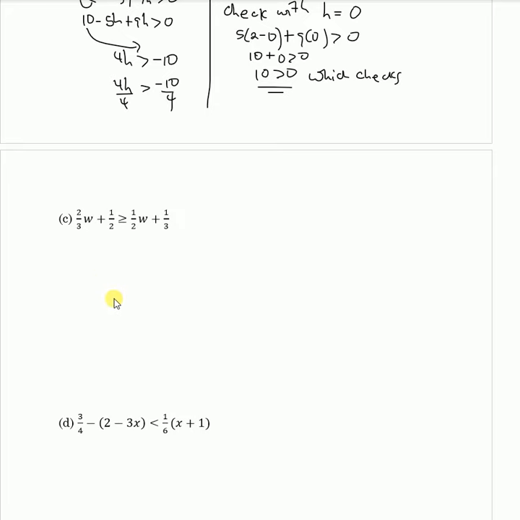Then this one is another example. So what we are going to do, 2 over 3w plus 1 over 2 is greater or equal to 1 over 2w plus 1 over 3. It is sometimes daunting to use these fractions, so what I normally do is multiply through by the LCM.